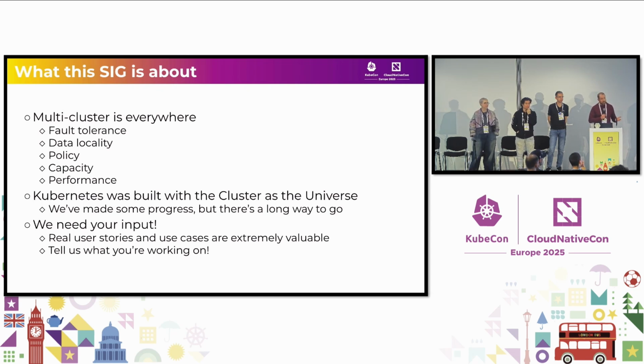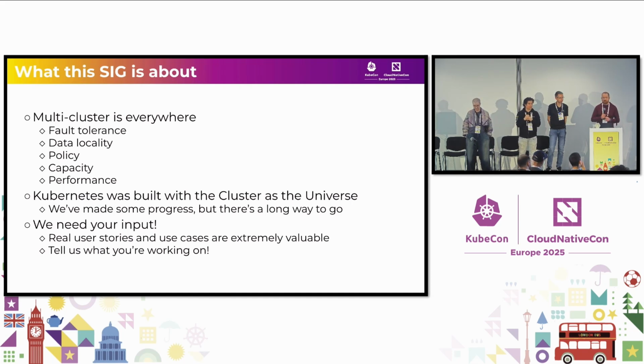Now, some of the problems here are that Kubernetes was built with the cluster as basically the boundary of the universe, right? All of the concepts in Kubernetes don't really have any self-identification built in. And so we've been slowly whittling away at that and making some progress with things like multi-cluster services and the About API.